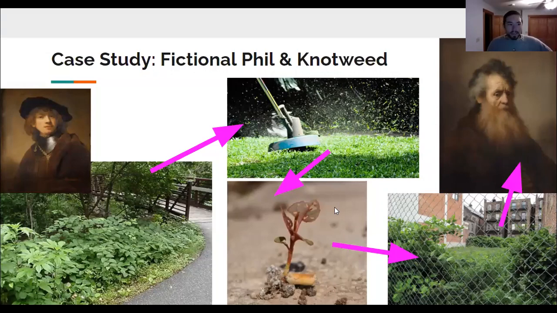Quickly, young Fictional Phil transitions to an older Fictional Phil, who looks a little more weary of dealing with knotweed. This is an example of making sure you take the time to match whatever technique you use to the biology of that plant, which is a theme that will pop up consistently throughout this presentation.